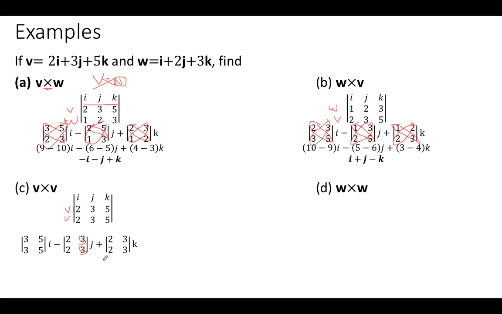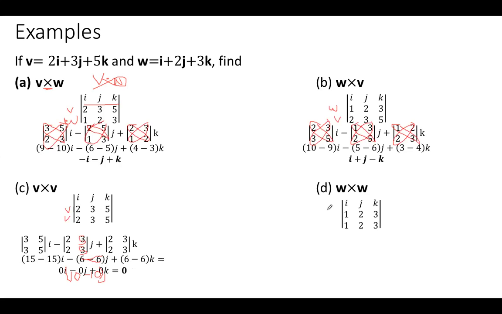Okay, so we do the cross product. You'll see 15 minus 15, minus, this is wrong, it should say 10 minus 10, J, plus 6 minus 6 K. You're going to see it's all 0. And guess what? The cross product of anything with itself, D is going to be that same thing.